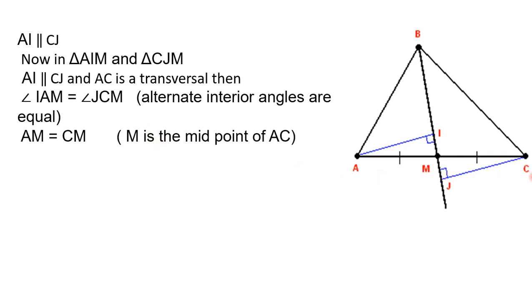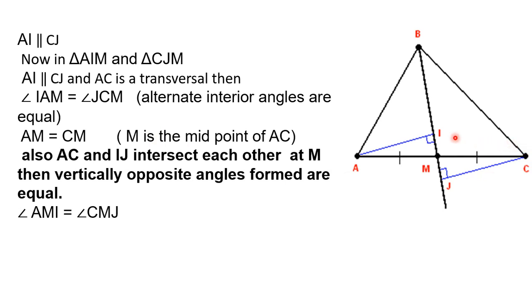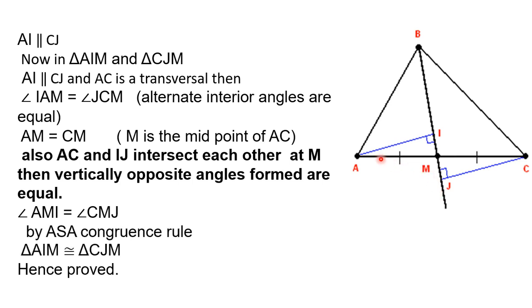AM is equal to CM, and AC and IJ intersect each other at M. So vertically opposite angles so formed are equal. So we can say angle AMI is equal to angle CMJ. These two are vertically opposite angles. So now here we are getting angle, side, angle. That is, by the ASA congruence rule, triangle AIM is congruent to triangle CJM, and it's proved.